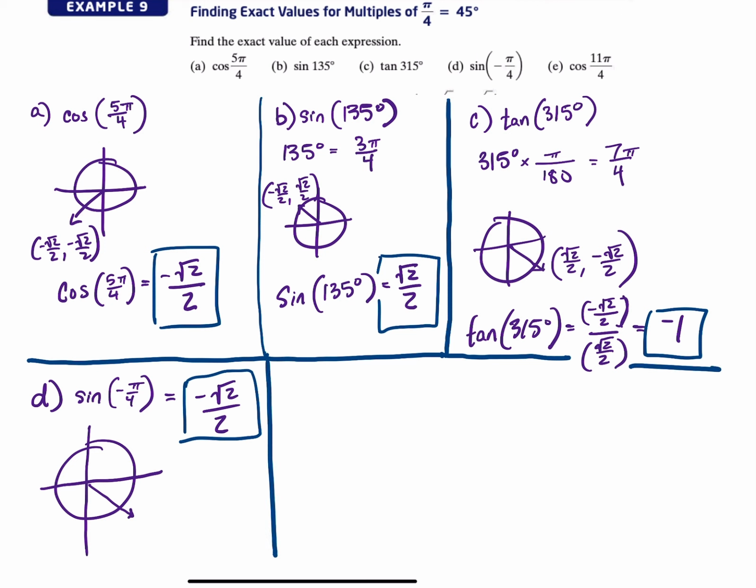All right, last we have the cosine, this is part E, the cosine of 11 pi over 4. Well, this doesn't meet any of our patterns. I can't tell which quadrant it's going to be in, but it's more than one full rotation around. So let's just try to count in pi over 4s and see where we are coterminal to.